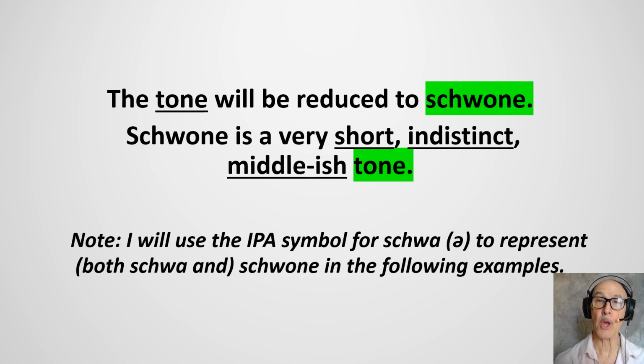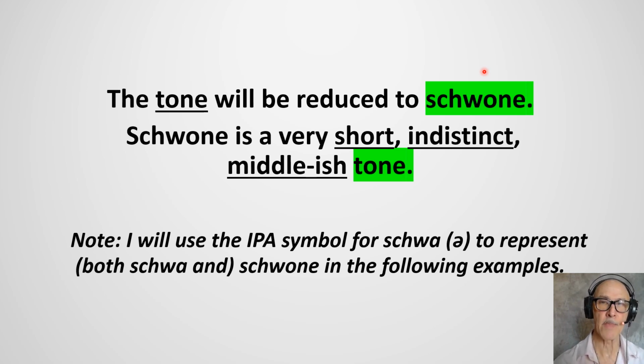So what about the tones? Because what we're primarily interested in this series is the tones. The tones are usually going to be reduced to a sound that I call schwon. Let me get my pointer right here. Right here, schwon. This is my word. I went to the International Phonetic Alphabet and I looked to see if there's a symbol for a tone like this.